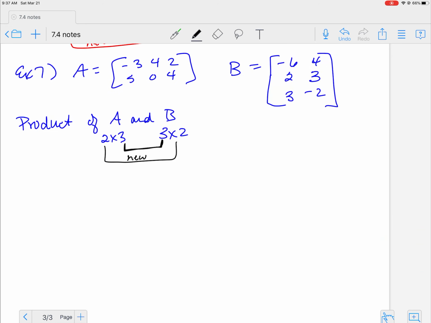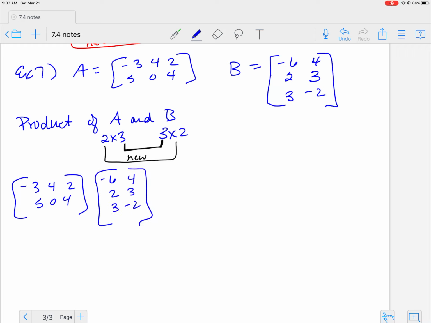So if I'm going to multiply these together, I've got -3, 4, 2, 5, 0, 4, and I am multiplying that by -6, 4, 2, 3, 3, -2. When I multiply these two matrices together, you are going to take this row and multiply it by this column. So you're basically going to pick this up and put it next to this one.